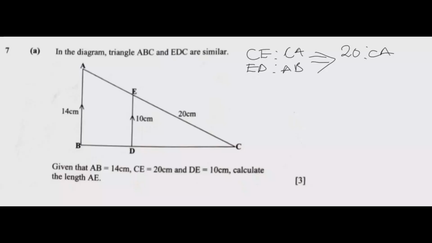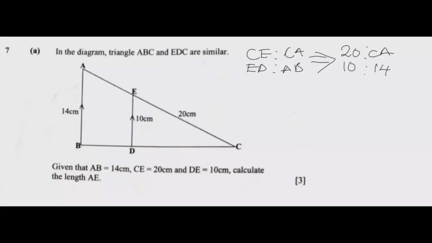Then down here, ED, the length is 10 centimeters, so we write 10 there. Then AB, that is 14.